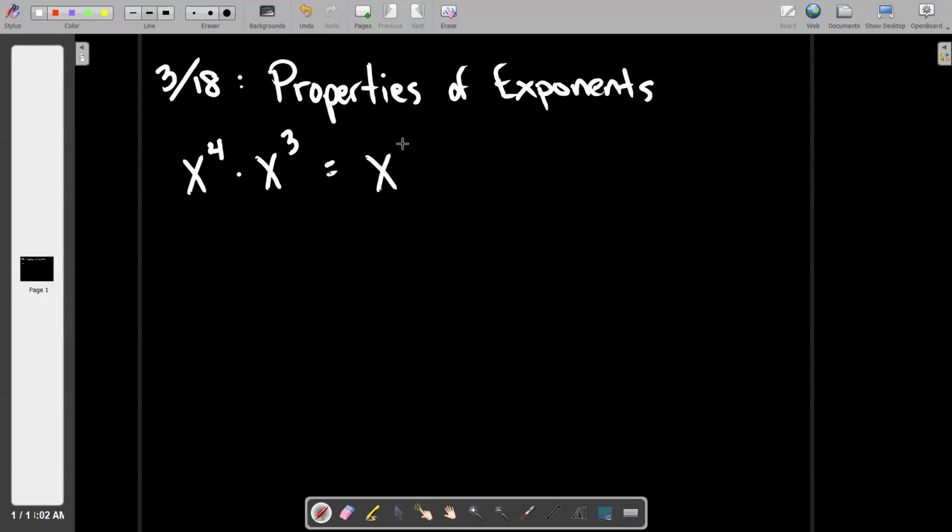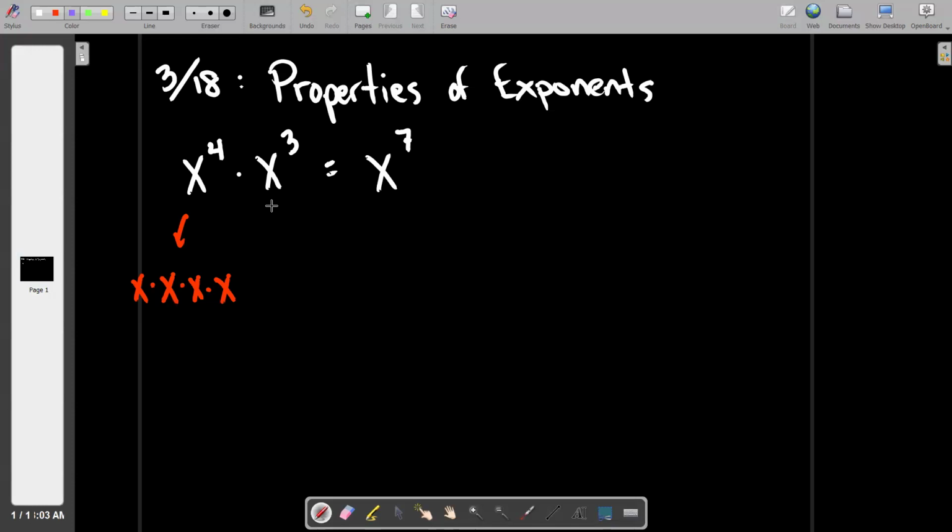And it's weird because, what are you doing? That's a multiplication sign. Well, just remember that this property functions because of this. What does x to the 4th even mean? It means x times itself 4 times. It's important that we not say that it's x times 4. It's x times x times x times x.